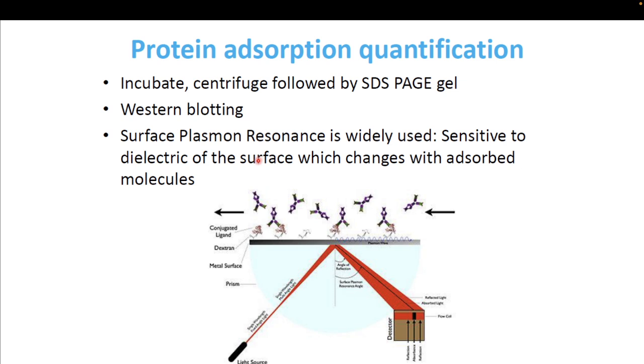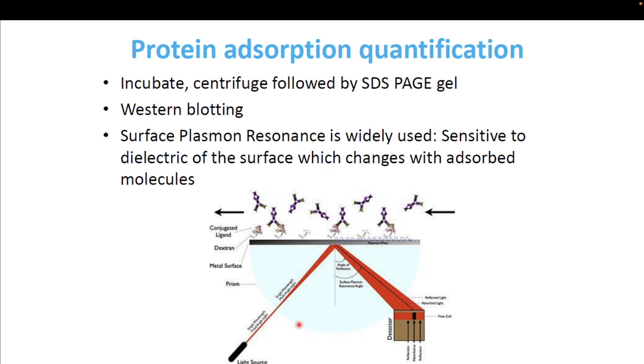And then next you have surface plasmon resonance. This is a technique wherein, let's say you have a surface, and this is your biomaterial surface, and you coat it with some metal, and then you again incubate it, you allow the serum proteins to interact with the surface, and depending upon what proteins are interacting with the surface, the dielectric of this particular surface changes.